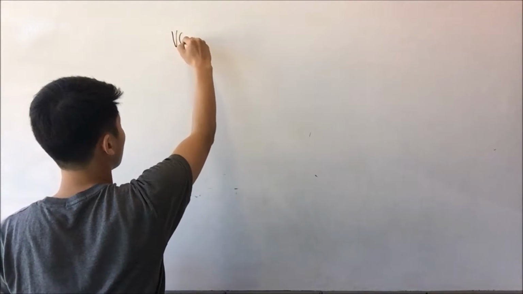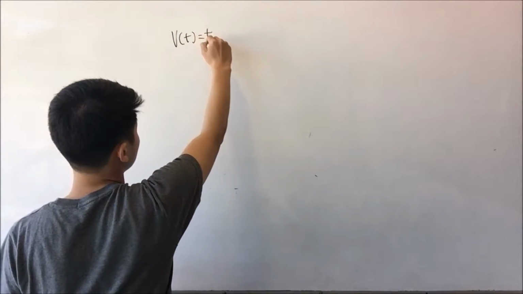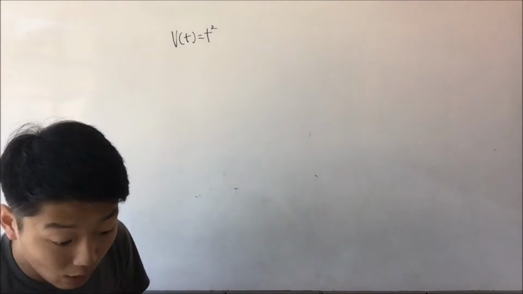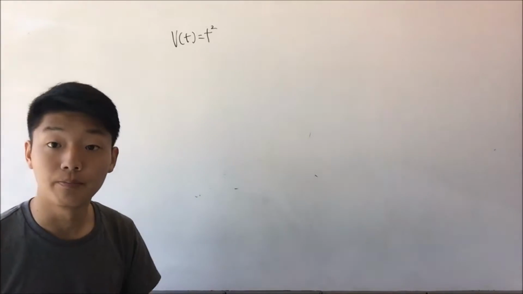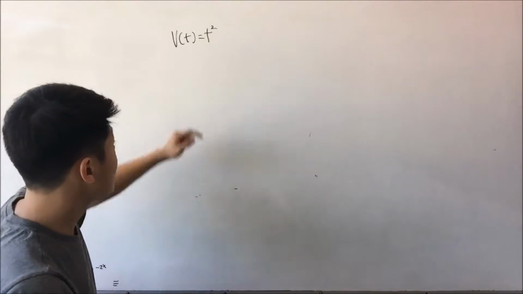Number 8 says, a particle moves in a straight line with velocity v(t) equals t squared. How far does the particle move between time 1 to 2? So, let's graph this.